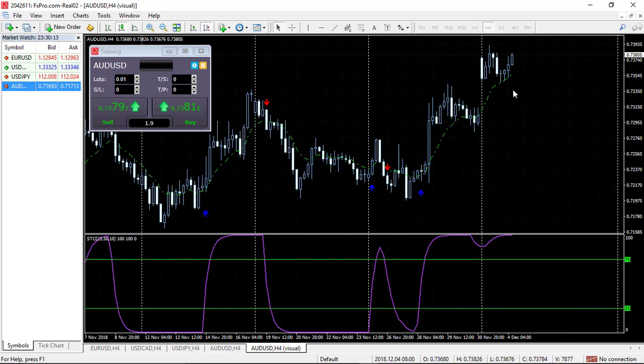But through the trading simulator, you could actually trade a whole week in under 30 minutes, so that you can understand the strategy. Now we are going to wait for the cross below the 75 line. That is all we are waiting for.